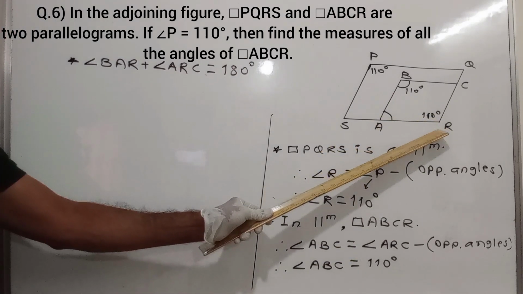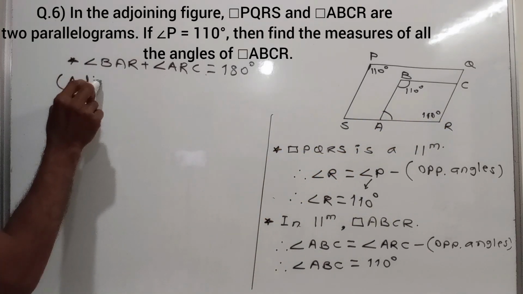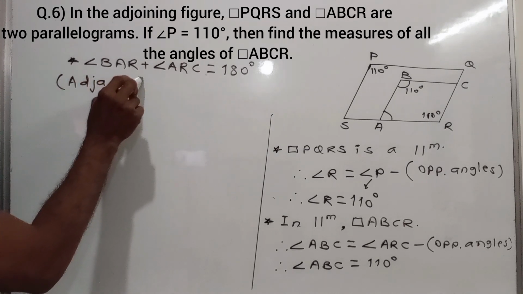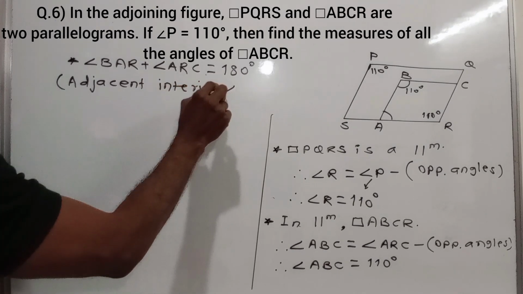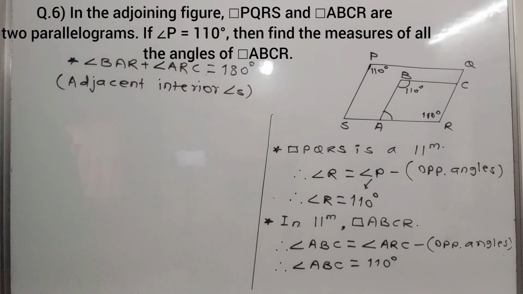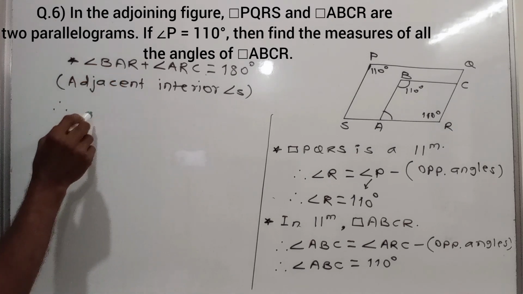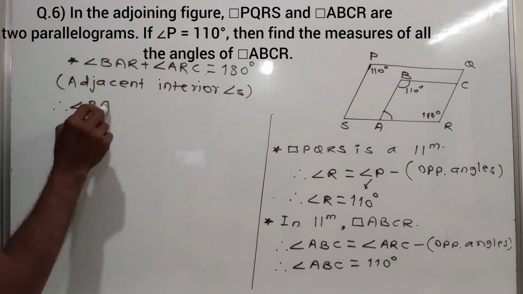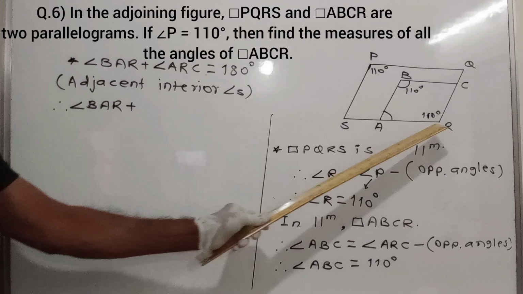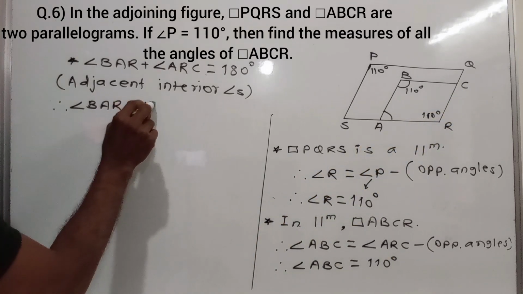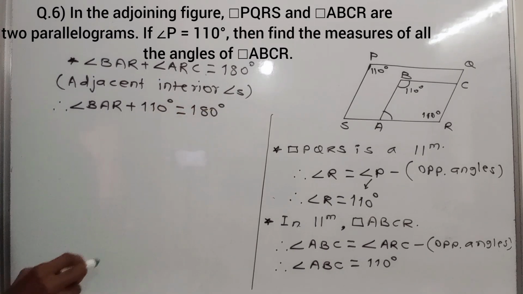Angle A plus angle R, these are adjacent interior angles of parallelogram ABCR. Therefore, angle BAR plus angle ARC, which is 110 degrees, is equal to 180 degrees.